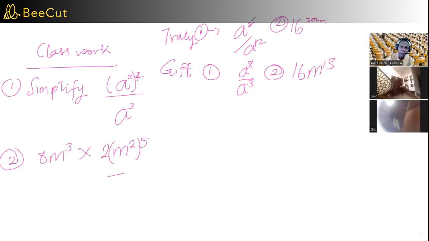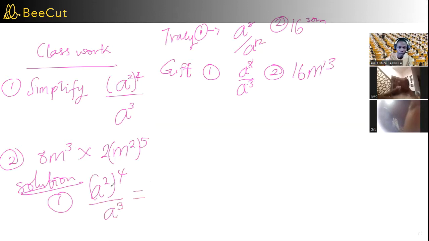Number one says A raised to power 2 times 4 all over A raised to 3. According to what you've been told, 2 times 4 is 8. So A raised to power 8 by A raised to power 3.